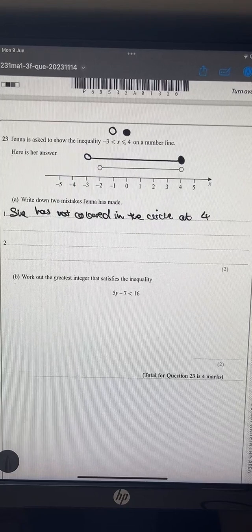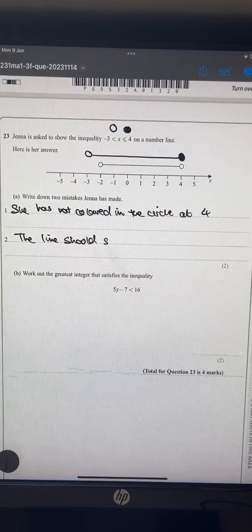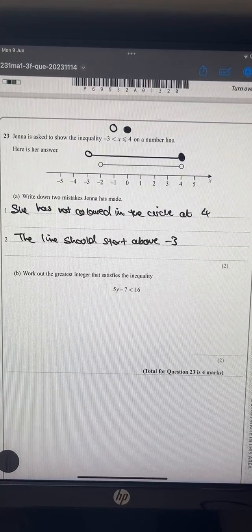The line should start above -3, or she should draw the circle above -3. She hasn't drawn it there. Be better than Jenna and draw your diagrams properly on a number line. So this is how you do it, all right? We're going to be better than Jenna in our finals.